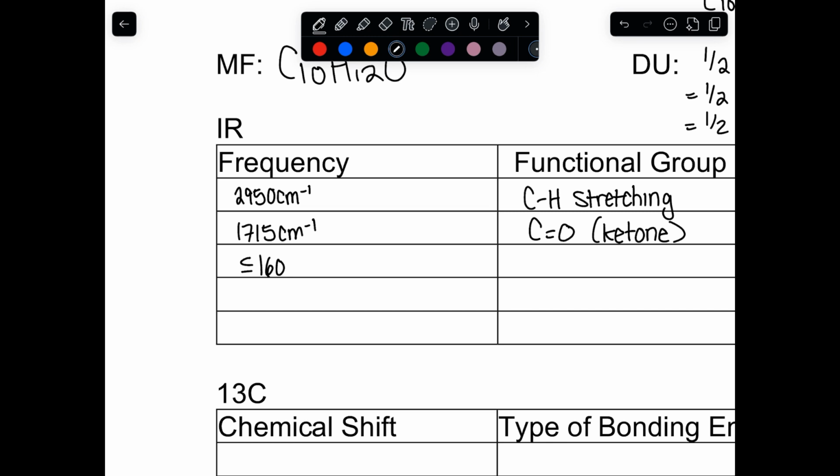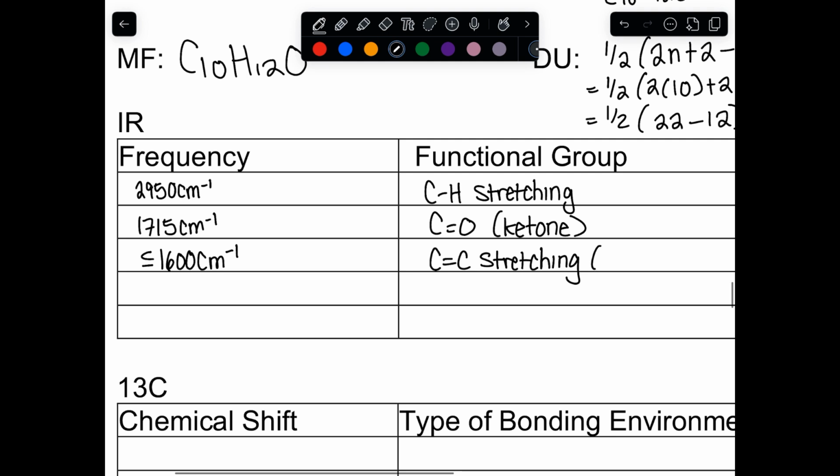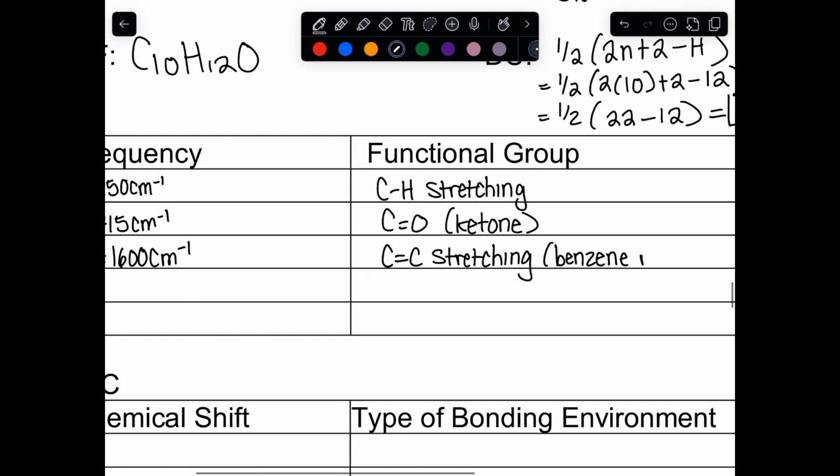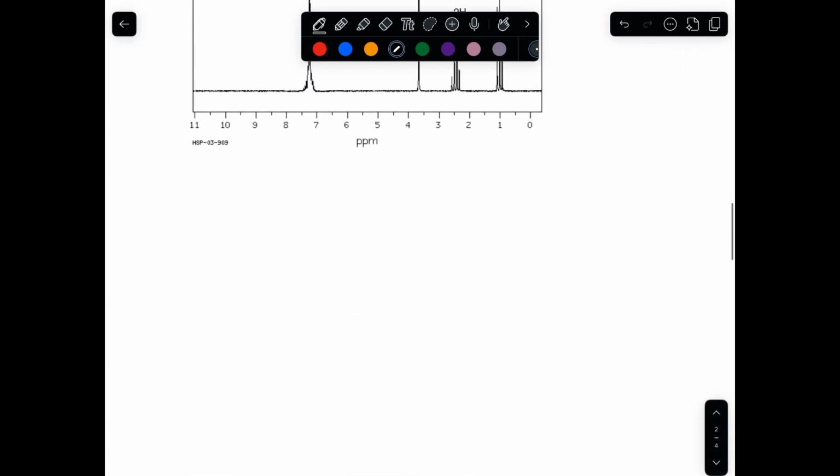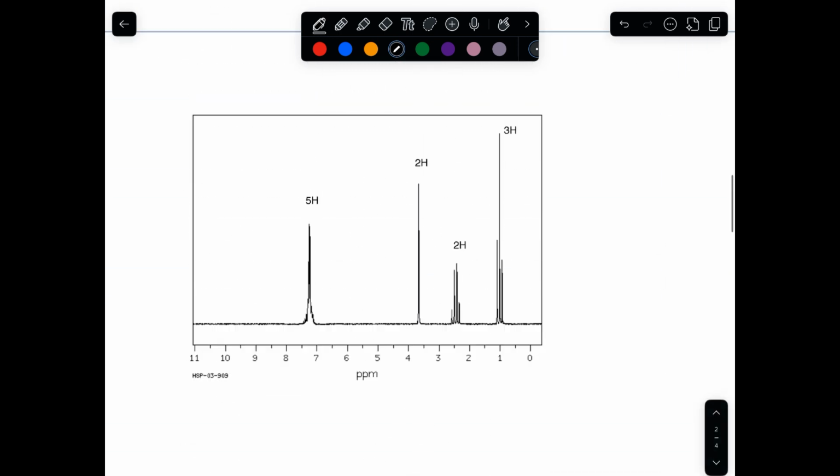And finally, around 1600 centimeters to the -1, there were a few peaks, and I predicted that to be a C double bond stretch for the benzene ring. And this would make sense for our degree of unsaturation being 5, as there would be a C double bond O stretch and a benzene ring with 3 double bonds and the ring structure, giving us a degree of unsaturation of 5.